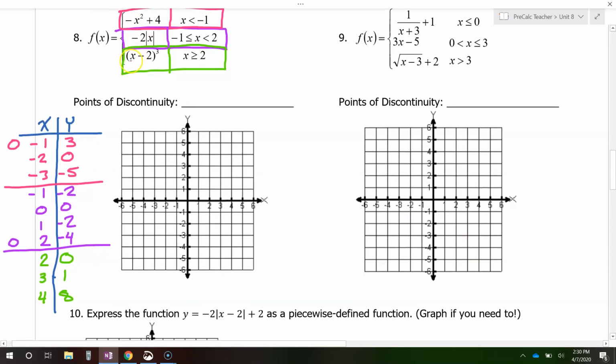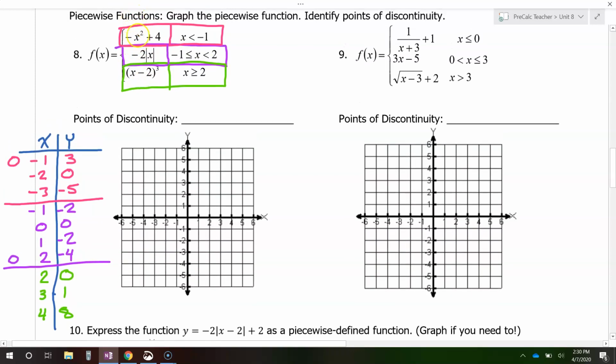When I look at the first piece, I see that the parent function is x squared. So in my mind, I'm thinking, okay, this is going to be a parabola. The negative sign means that it's going to be a downward facing parabola. So this is in my mind. As I graph this, it will help me understand what's happening.